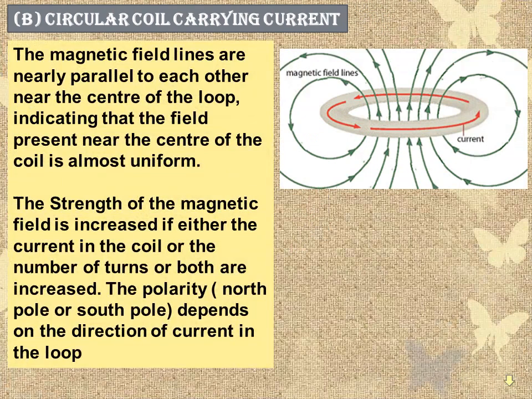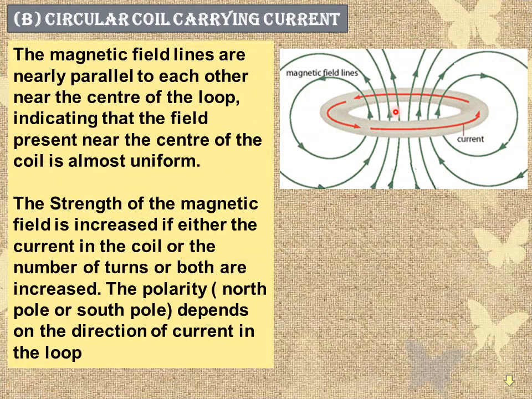Suppose we keep a magnetic compass near a current carrying circular conductor, then the needle of the magnetic compass experiences a torque and deflects to align in the direction of the magnetic field at that point. We can notice that at the points A and B in the vicinity of the coil, the magnetic field lines are circular.